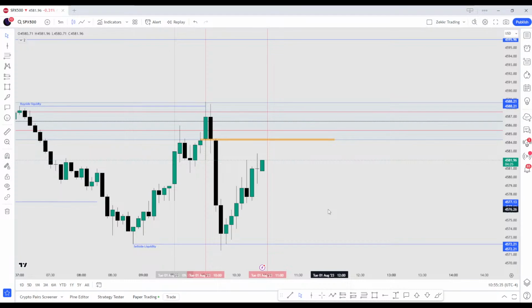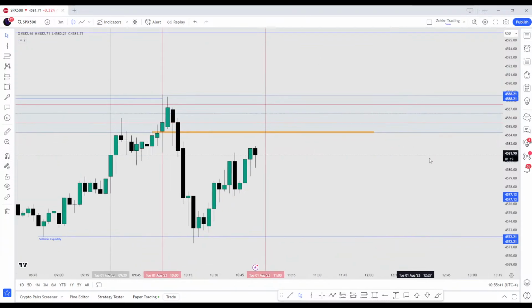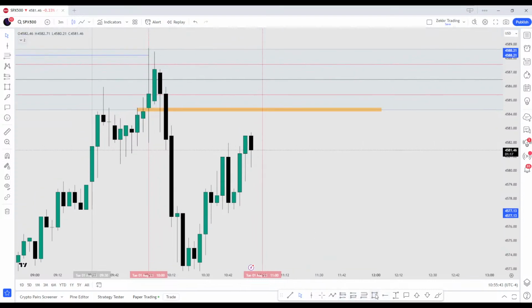Oh my god. Where is the fair value gap I can enter from? There is this fair value gap on a 3-minute time frame, and there's an order block, but the 5-minute looks choppy. So we'll see.